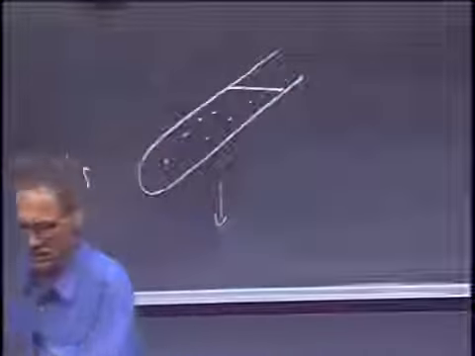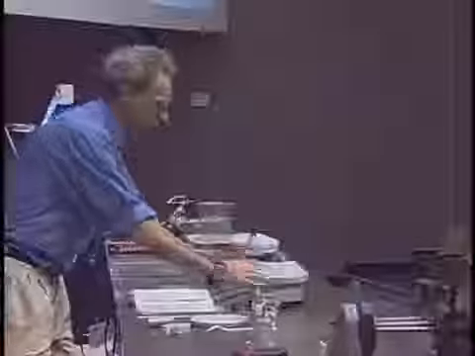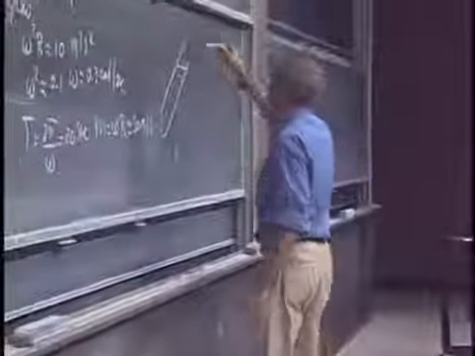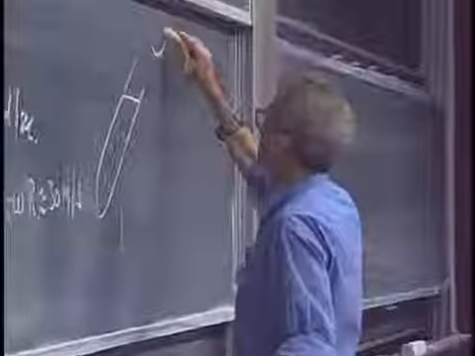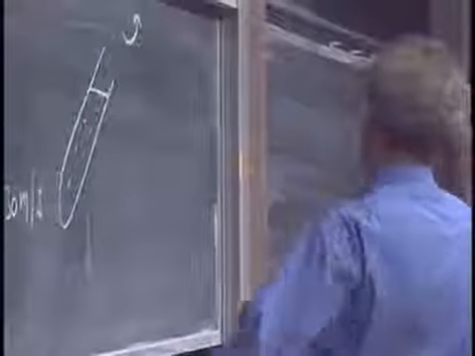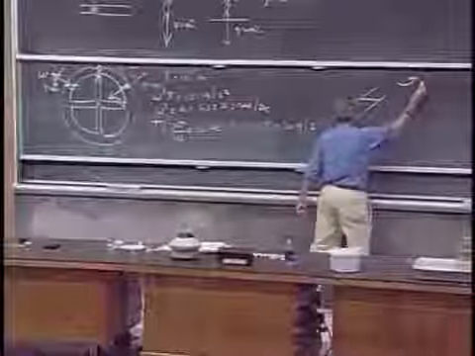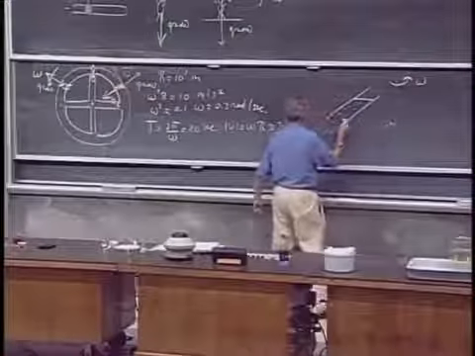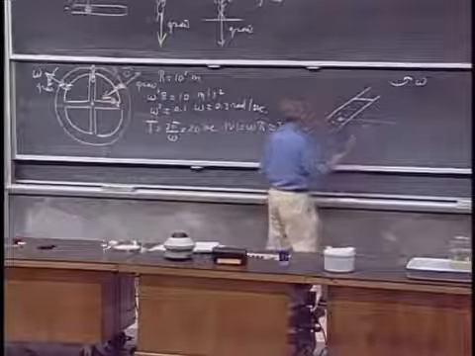You see here two glasses with water. The surface is perpendicular to gravity. Now, I'm going to rotate this about this axis, going around like this. And I'm going to rotate it with an angular velocity omega. And this is at a distance r.